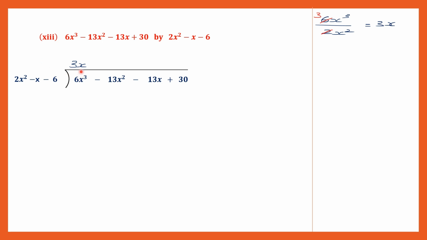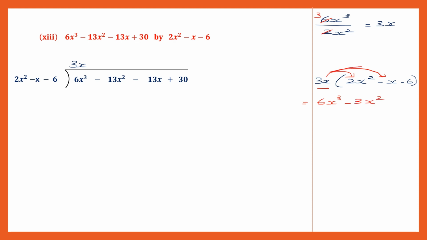So now we're going to multiply 3x with every term in the divisor. So let's do that. Multiply 3x into 2x square minus x minus 6. So here we do our multiplication, 3x first into 2x square. So 3 2s are 6. x into x square is x to the power of 3. Then we multiply this with minus x. So that is minus 3 is the number. x into x is x square.